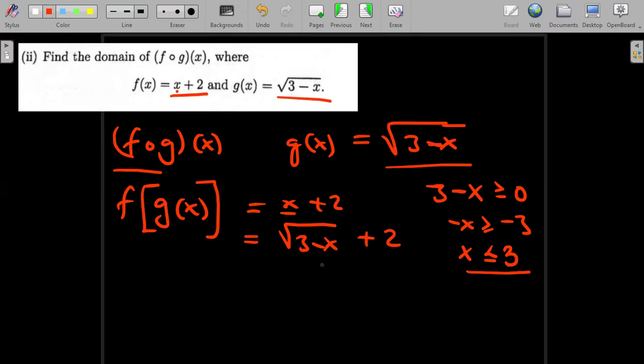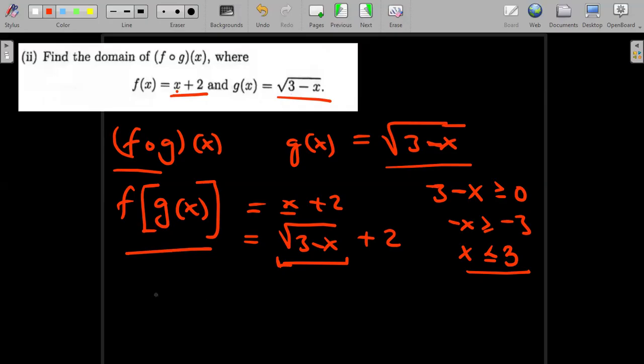Then when you check out the other one here, you have to check this same part again, which we've already found: x is less than or equal to 3, like that. So you can plug in anything less than or equal to 3. So meaning the domain of this f of g of x is just the same as the domain of g of x.